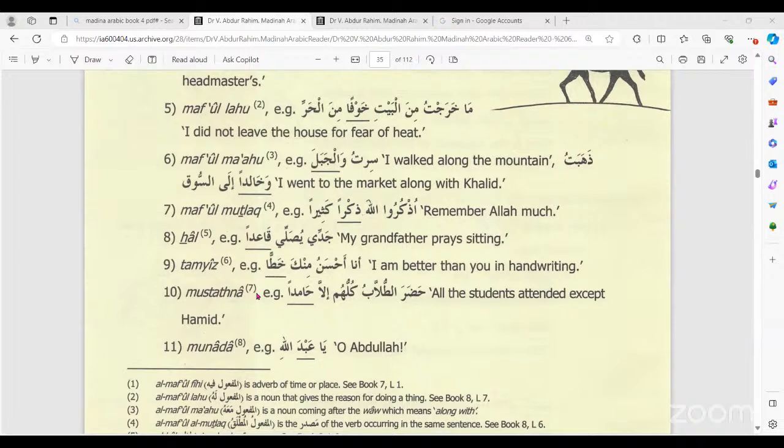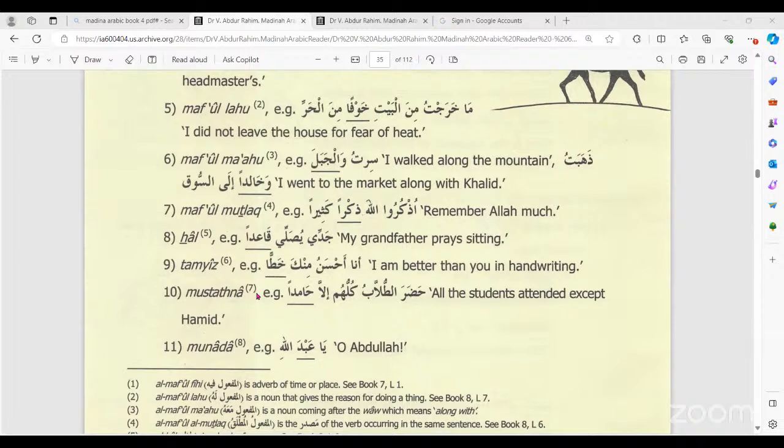So what happens here is maf'ul ma'ahu. Can you see, sirtu, I walked, wal jabal, and the mountain, correct? What is happening? Al-jabal is getting a fatha. So waw has a lot of different meanings. Yes, absolutely right.